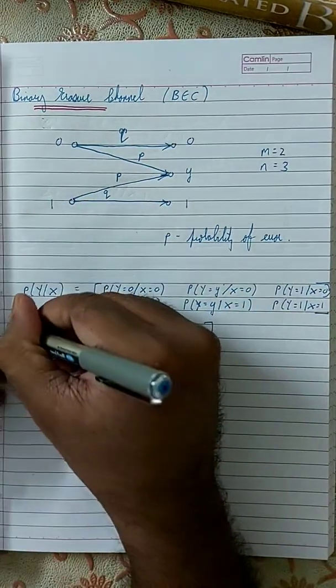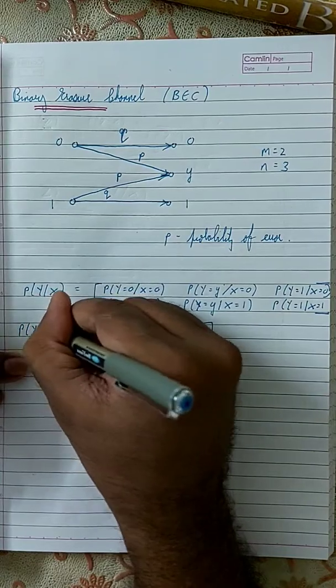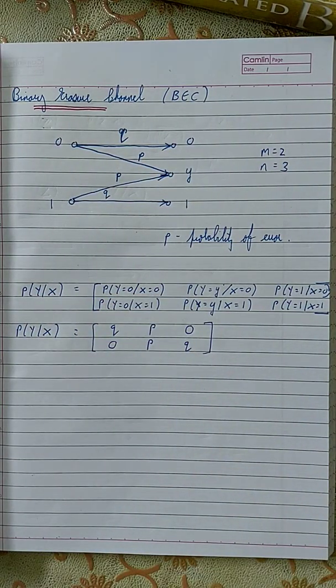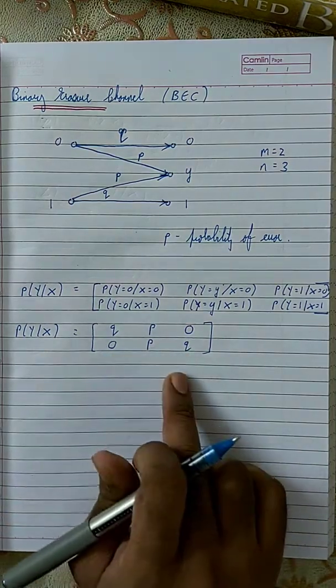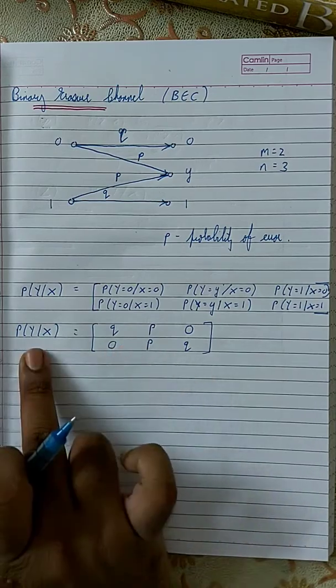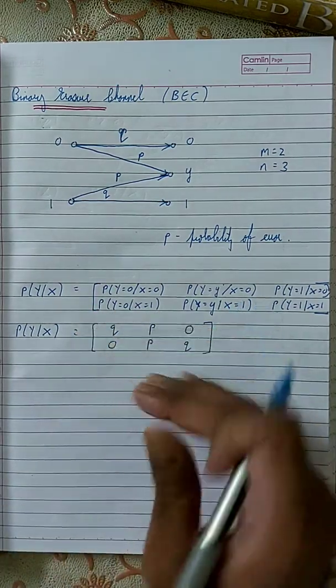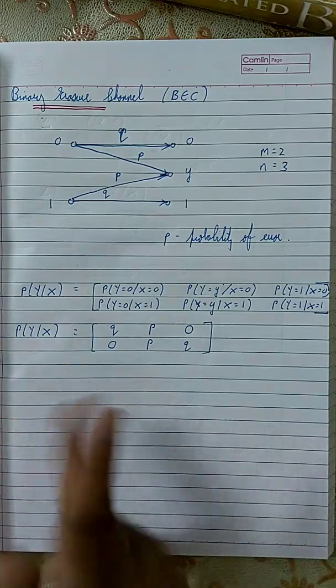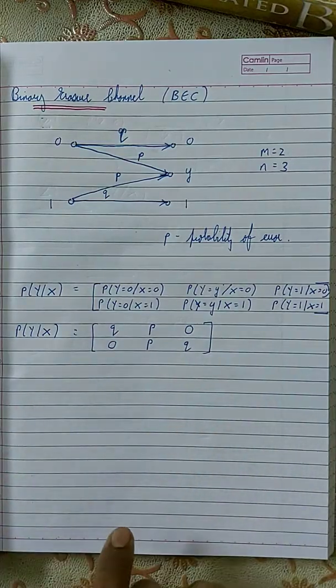See, this is the equation for P of y by x. As you can see, this is all. Now you know why this is also considered a symmetric channel, because of this P of y by x. We should compare the rows, and both the rows are the same except for the position of the elements.